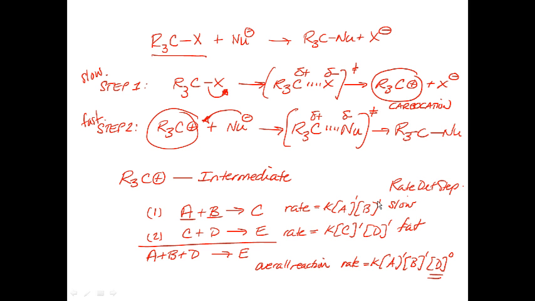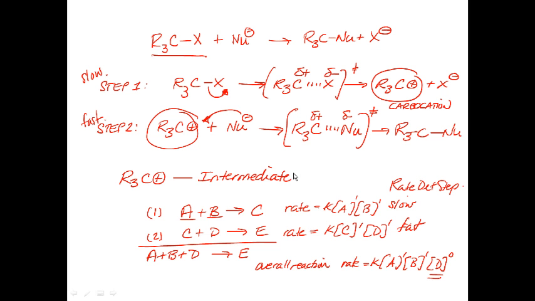By the time that intermediate C is formed, as soon as it's formed, it immediately reacts with D to make the final product. So the rate of the reaction is really the rate of forming the intermediate, since the intermediate reacts very quickly to form the final product.